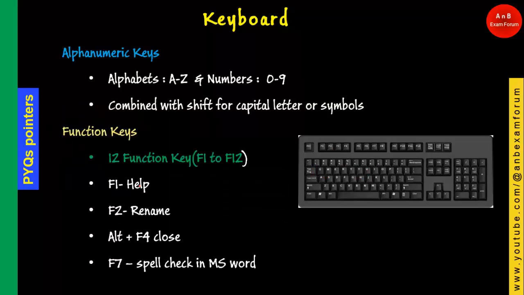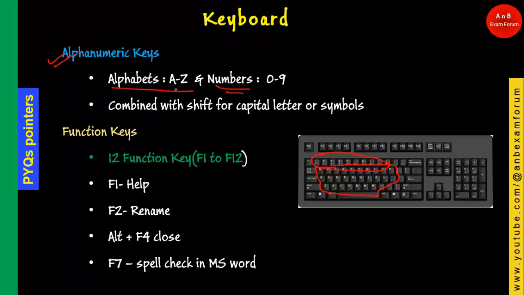The next important pointers are related to keys. There are many keys in this particular keyboard, and a very important one is the alphanumeric key. Alphanumeric, as the word suggests, means alphabets from A to Z. These are the alphabets, and numbers are there from here to here, 0 to 9.